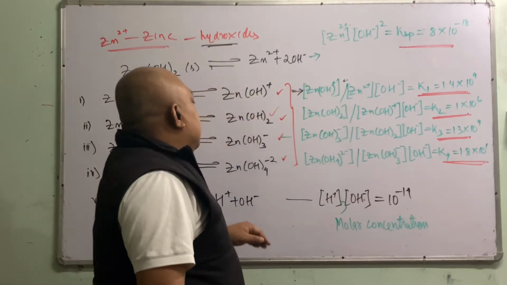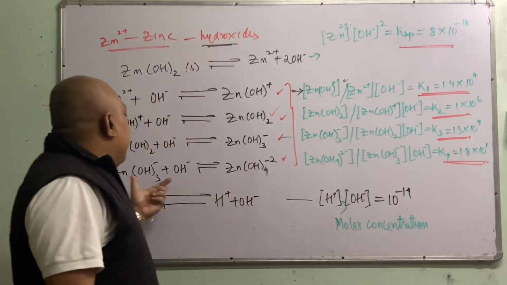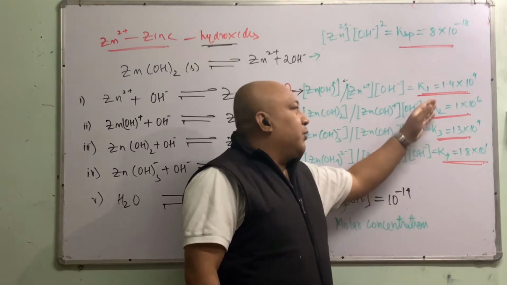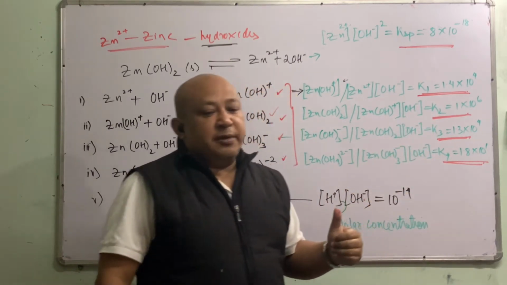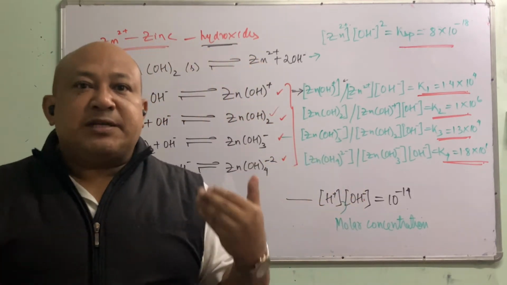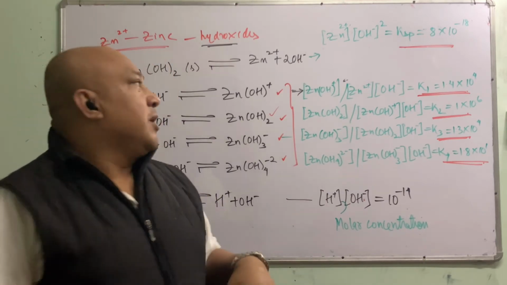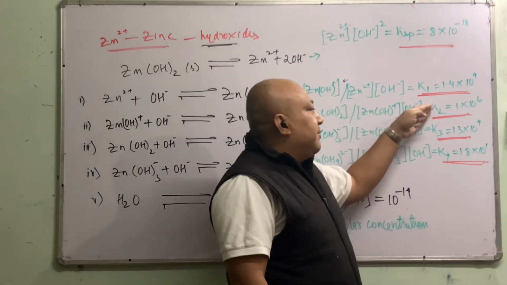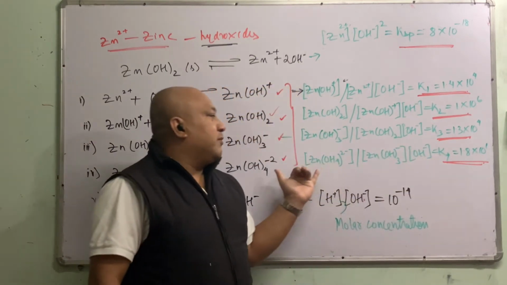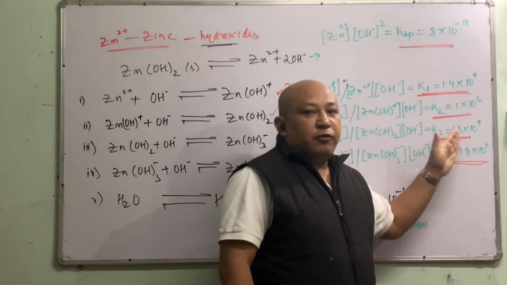Similarly, the final formation of complex Zn(OH)4 divided by the reactant Zn(OH)3 minus and OH is K4. K1, K2, K3, K4: why I'm saying this is because it makes us aware that the formation of the zinc complex is in 4 steps. K1 is the first step, second step, third step, fourth step. And K4 is the constant for formation of the fourth complex, Zn(OH)4. This value is already well known and fixed.